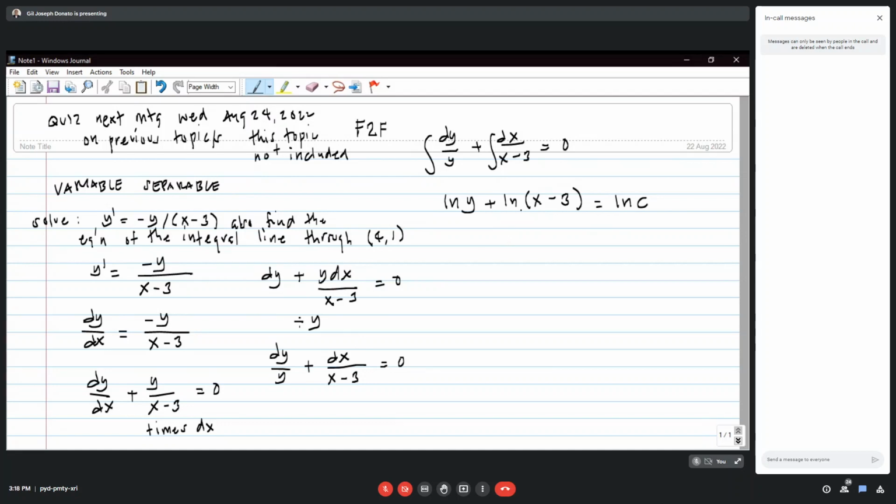Yan siya, no? So, therefore, pwede ko na pagsamahin ito, property of logarithm, pagsamahin na yung dalawang yan. That's now equivalent to ln of, unahin ko yung x para naka-arrange yung x and y ko, is equal to ln of c. So, e raised to both sides of the equation, it becomes, that is x minus 3 y.